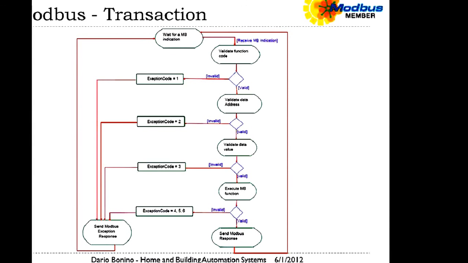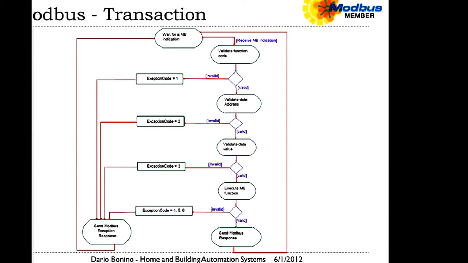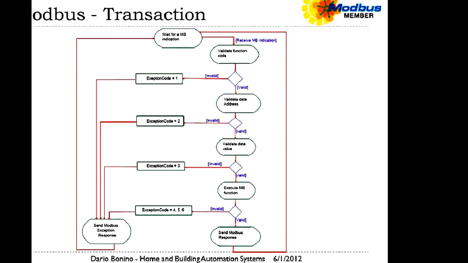So if I want to write a word on a single bit register, I cannot. Another exception will be thrown. And finally, we'll execute the function if everything goes well. If the function generates an error, there will be an exception back. If the function is executed correctly, then a response will be sent back. Okay? So it's really controlled in all the steps.